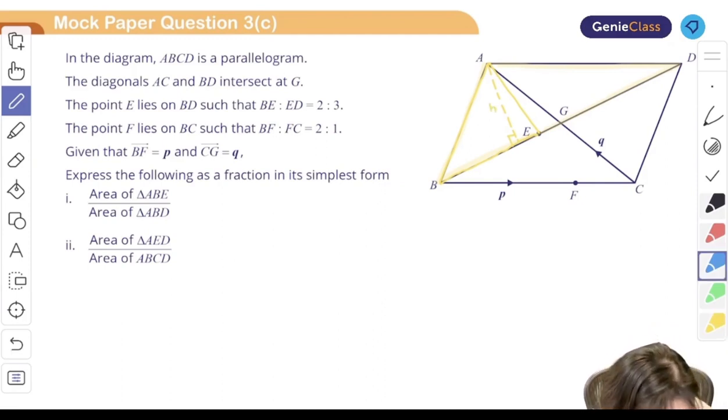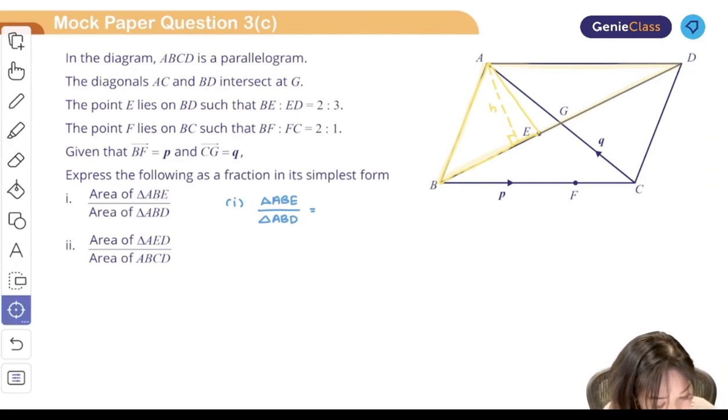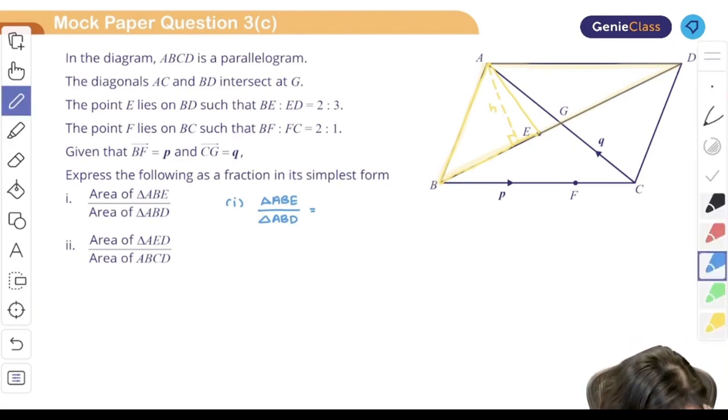So when I calculate the area of ABE over area of ABD, I use my primary school formula, half times base times height. For ABE, my base would be BE, so I have half times base BE times height.